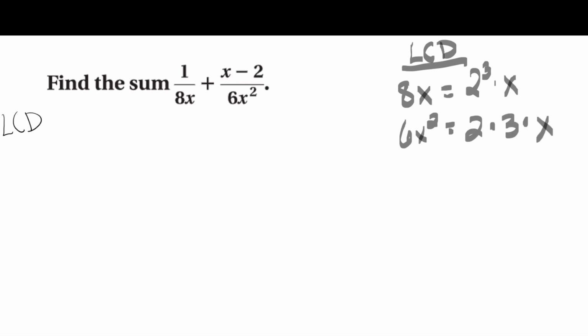So our least common denominator needs to take each factor to the highest power. For example, they both have a 2, but we need to use the 2 to the third power.